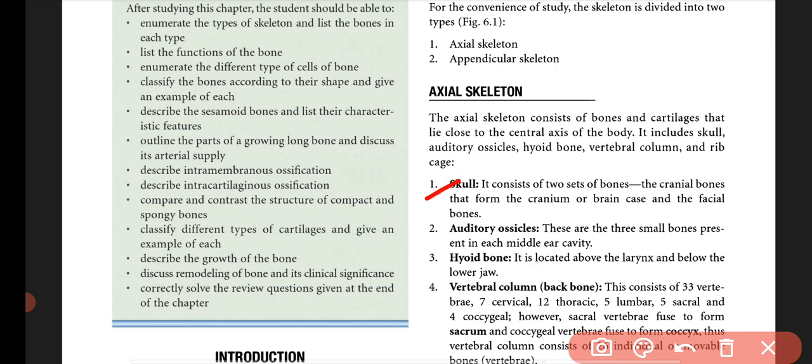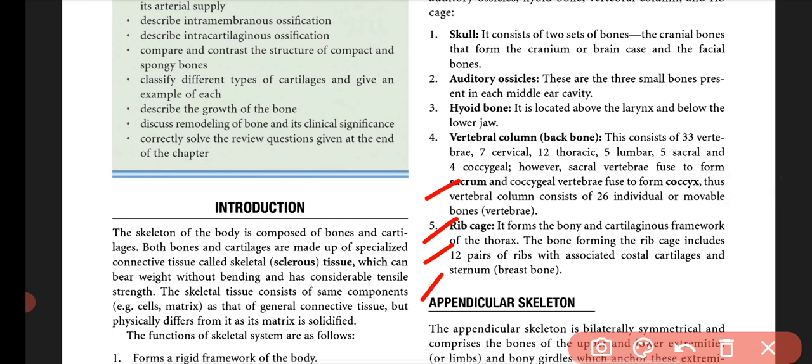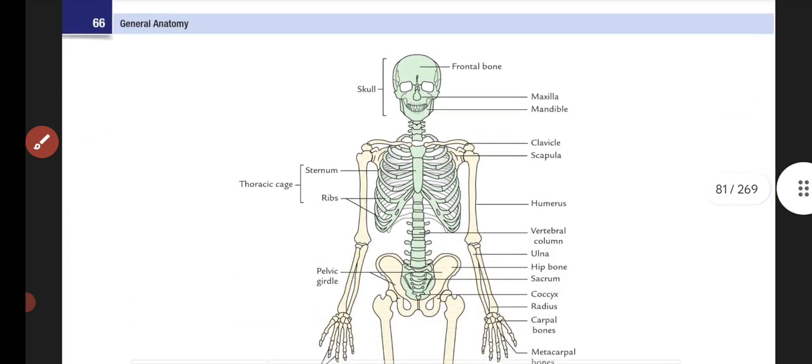the auditory ossicles, meaning auditory bones or ear bones, the hyoid bone, the vertebral column, and the rib cage, which lie in the central axis of the body.